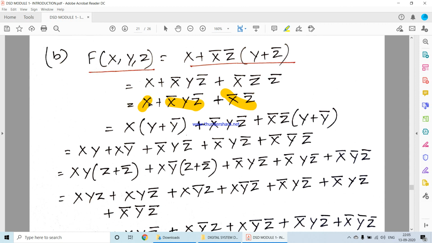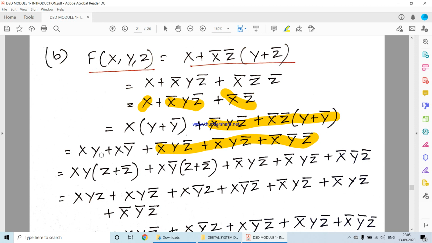So therefore first I will multiply x with y plus y bar, and then this x bar z bar I will multiply with y plus y bar because we don't have y there. Now again you expand these terms, you will get this. Now this entire thing will be converted into standard form, but here x into y plus x into y bar, whatever I get, I don't have z here.